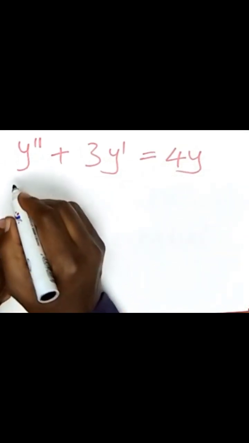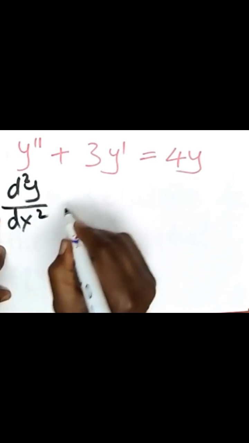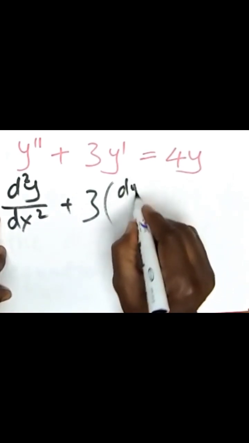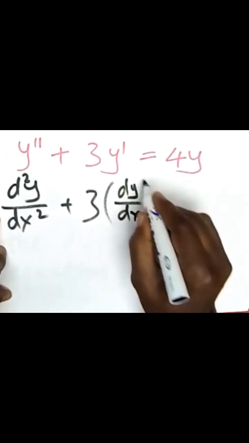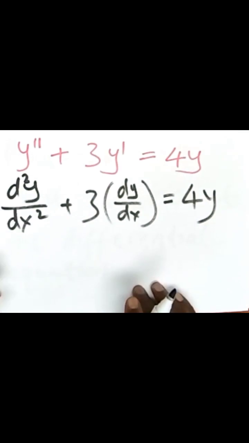Before we solve this equation, we want to remember that this can be written in another form, like d squared y over dx squared plus 3 times dy over dx equals 4y.